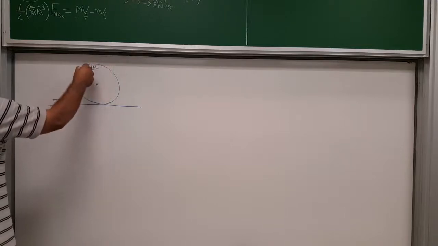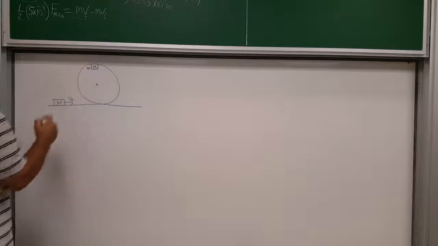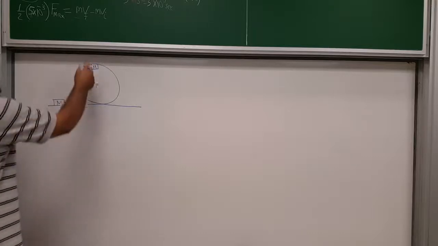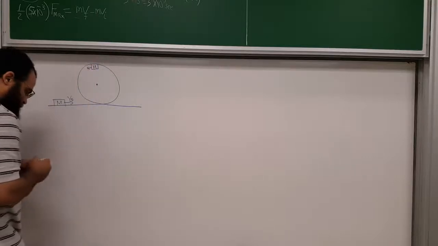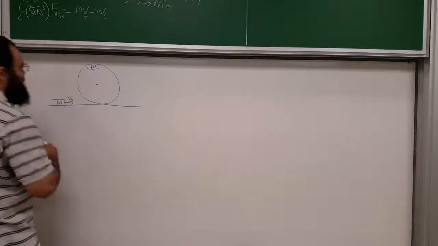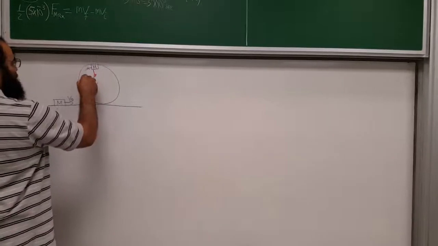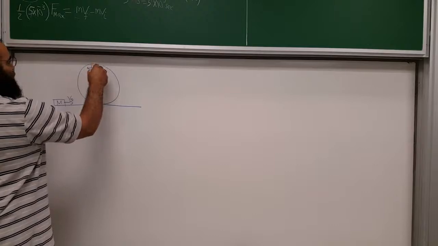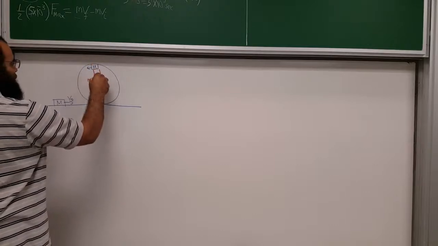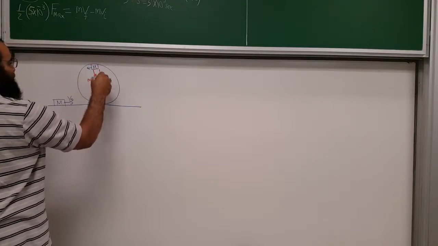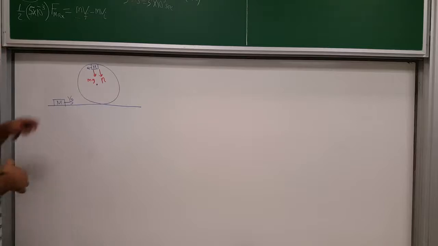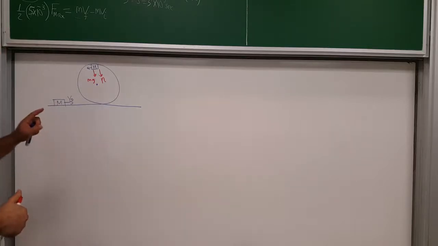And it's circling. So what should the speed here be? Well, when it's at this point here, there are two forces on it. There is gravity pulling it down, mg, and then there is the normal force from the top. So these two forces are on it, and it will lose contact.